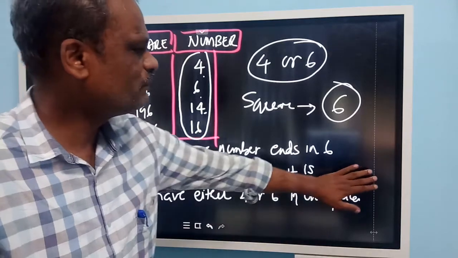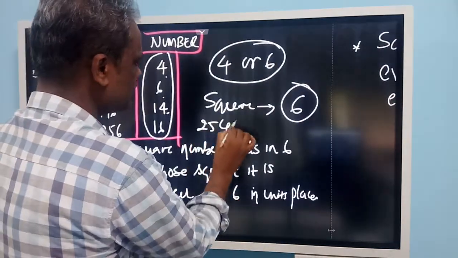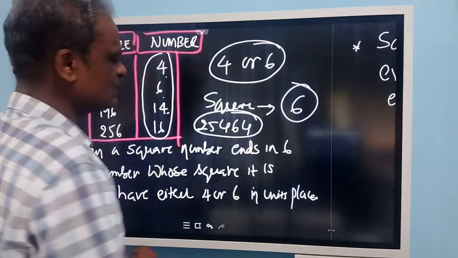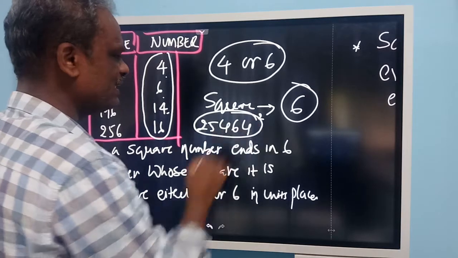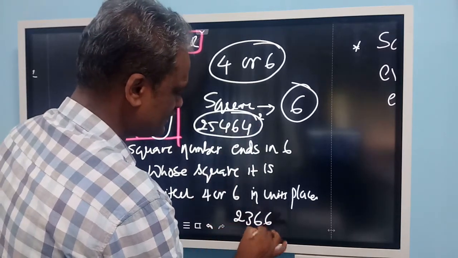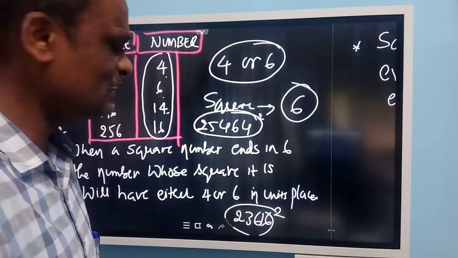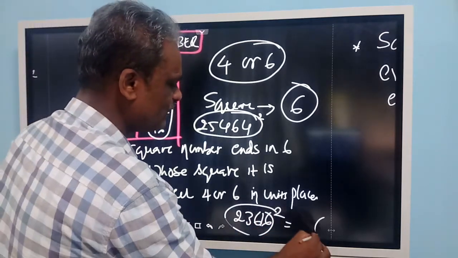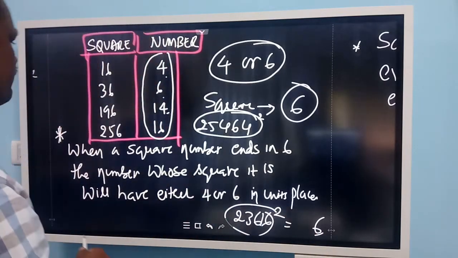I will give one example. 25464: if I square this number, what is the units place digit? Definitely it is 6. Another number, 23616. The square of this number ends with what units place digit? It is definitely 6. So that is another property.